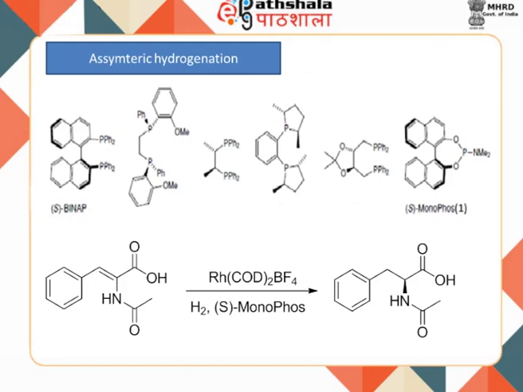For example, giving N-acetyl phenylalanine in quantitative yield and with 97% enantiomeric excess.